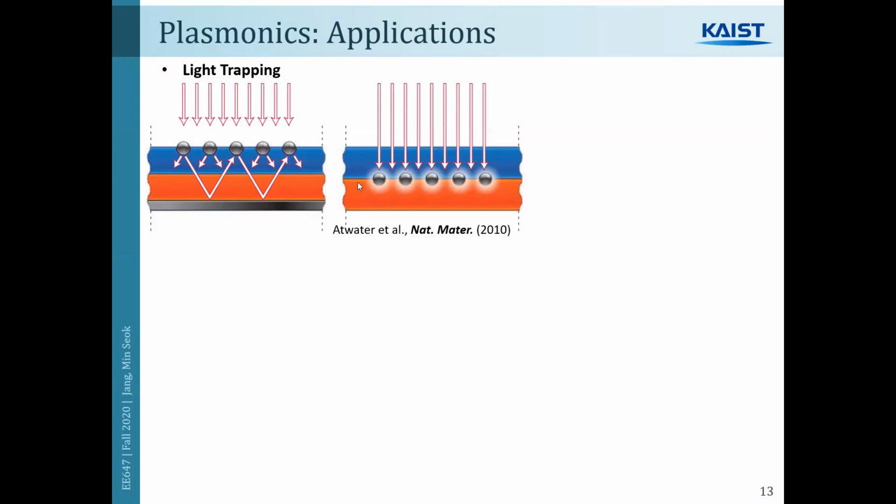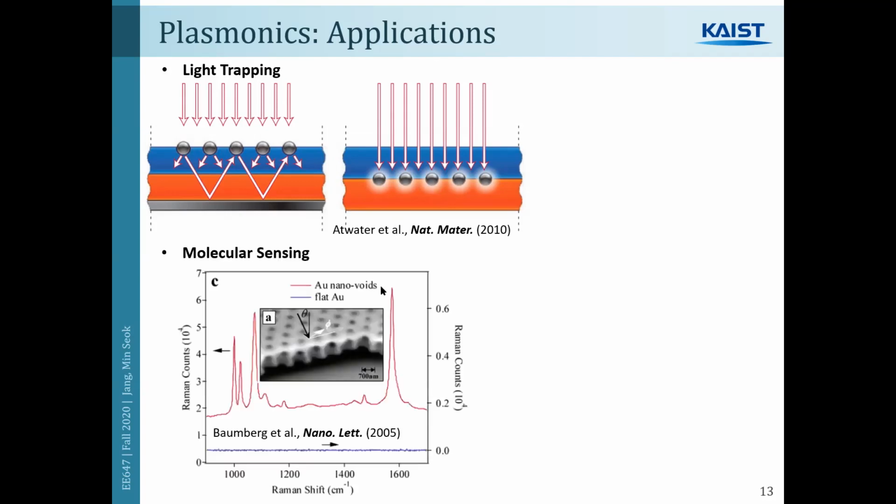Typically these thin film solar cells are so thin that incident light is mostly just reflected or transmitted. You lose most of the light. But if you put metallic nanoparticles in a thin film solar cell, these particles can hold light for a relatively long time in a very small area, so that it increases the chance to absorb. So that's how you increase the efficiency of solar cells using nanoparticles.